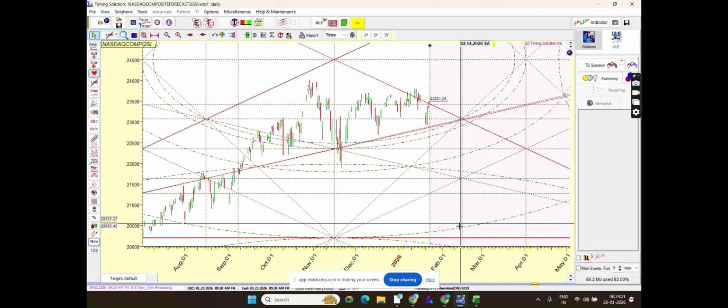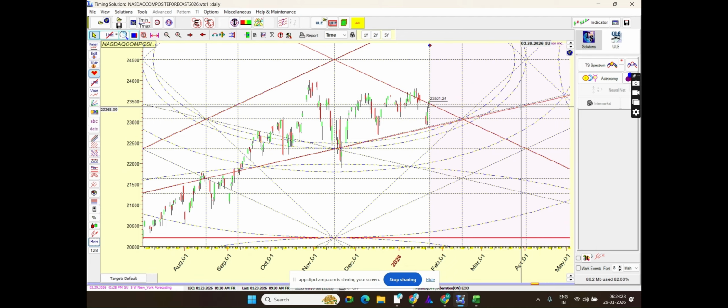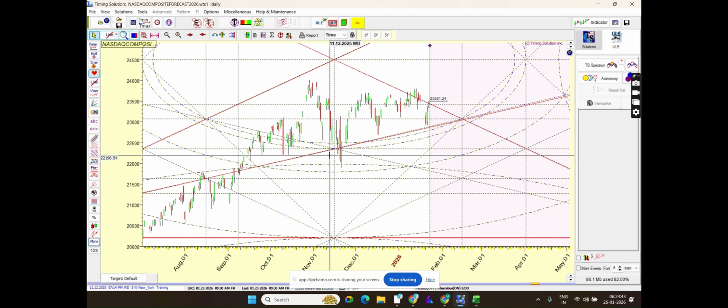So we have a cluster of supports coming in at roughly 23,425, and another at 23,064. Then we have support coming in at 22,334, which is the earlier low zone.